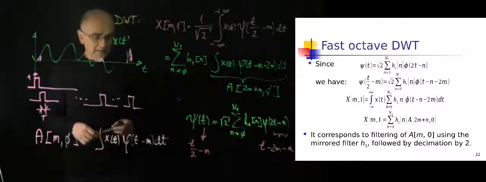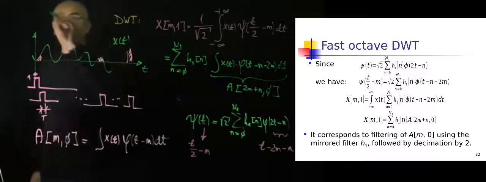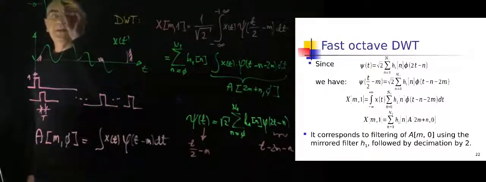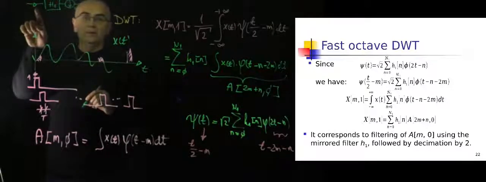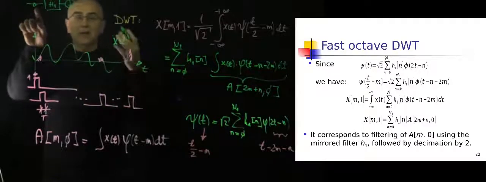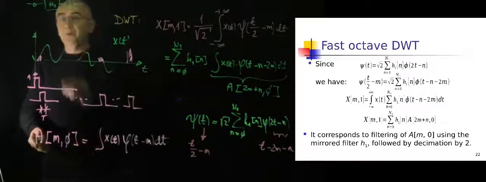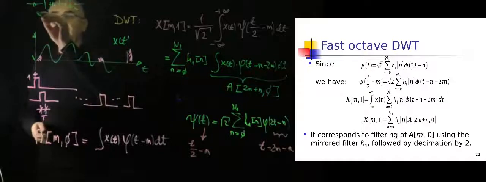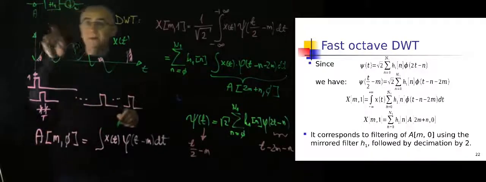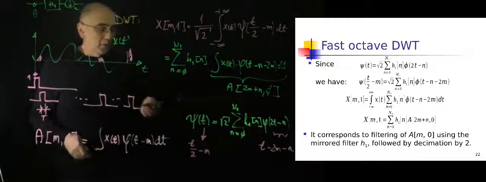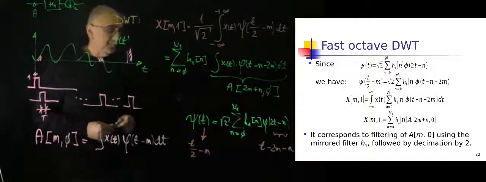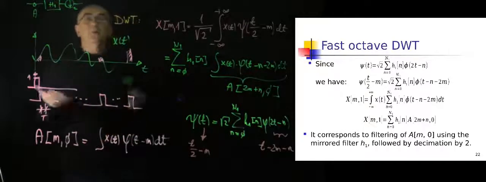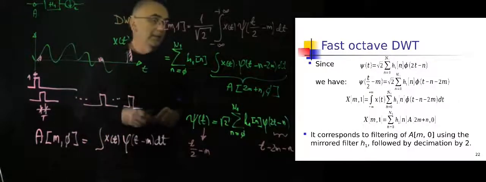There we had an input, we had a filter H1, and we had a decimation by the factor of 2. Only the input was unnamed. Now we are going to put the approximation coefficients at the level 0 right here to get our wavelet coefficients at the level 1. So that was the level 1.